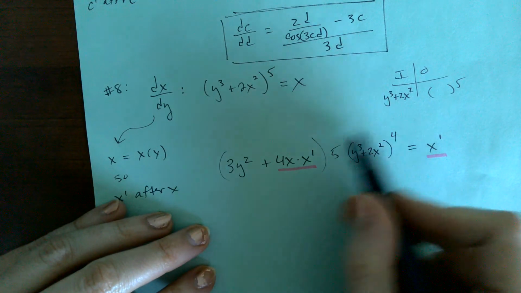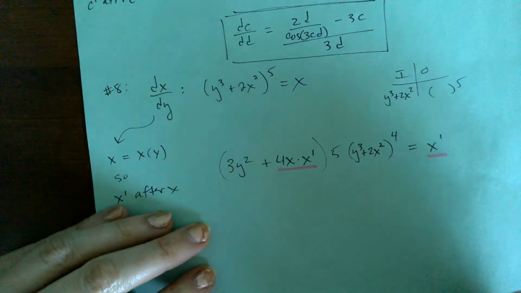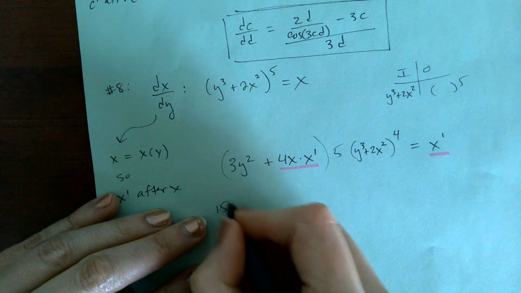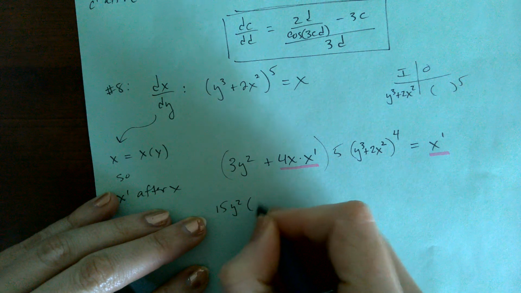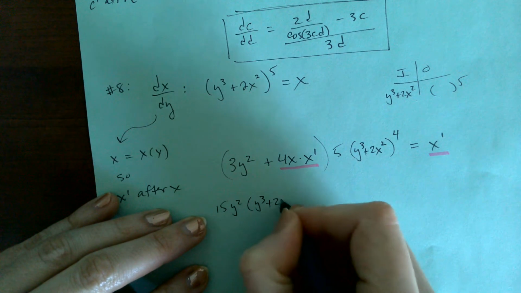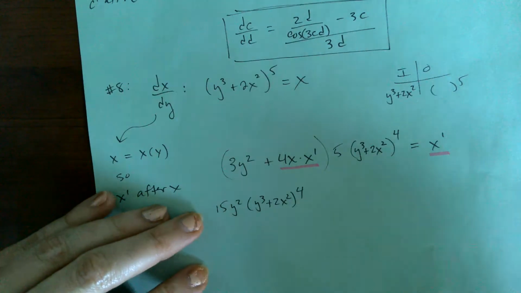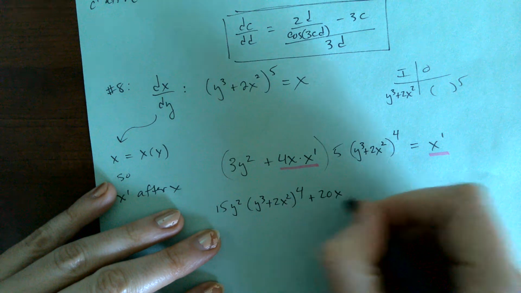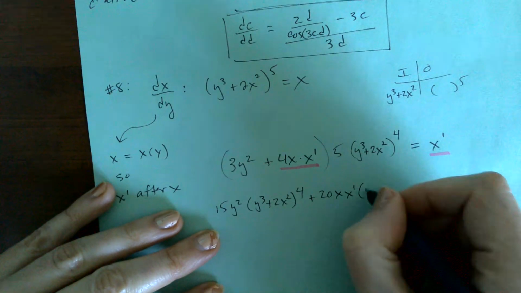So distributing this inside the parentheses, I end up with 15y squared, y to the third plus 2x squared, to the fourth, plus 20x x prime.